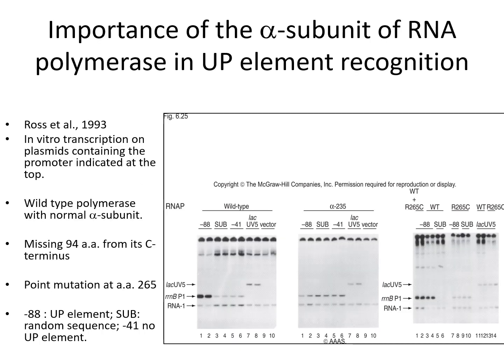And this is an example to show you in vivo transcription on the plasmid containing the promoter. And then we have the UP element, and we can see in the presence of the alpha subunit, they can help to recognize this region, the UP element, and then help to increase the transcription efficiency.